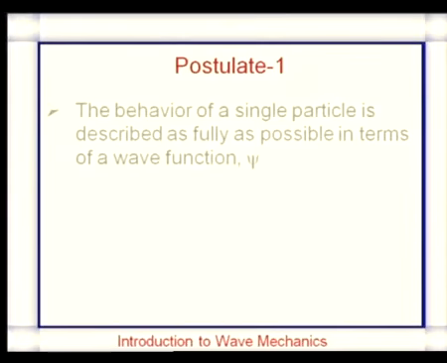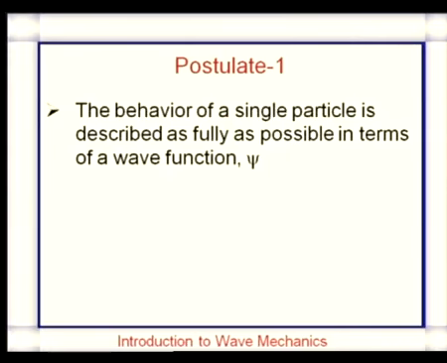The first postulate states that the behavior of a single particle is described as fully as possible in terms of a wave function. What does it mean? Wave mechanics is based on the idea of de Broglie, that there has to be a wave character to the electron.